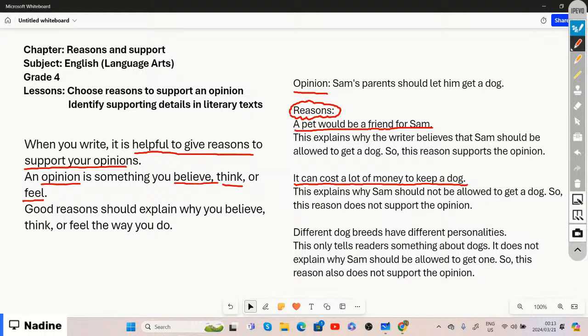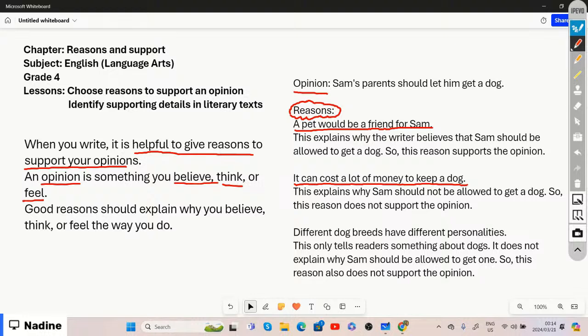Because the opinion says that he should get a dog, right? But now they are saying that having a dog costs a lot of money to keep, which means that this goes against the opinion. That is almost like saying, no, he shouldn't get a pet because it is expensive.